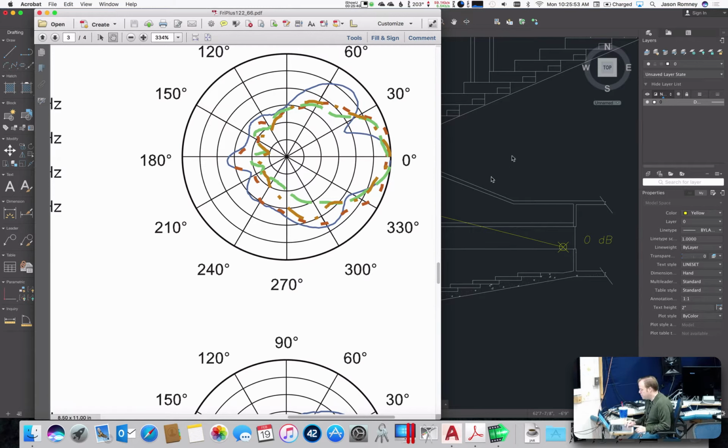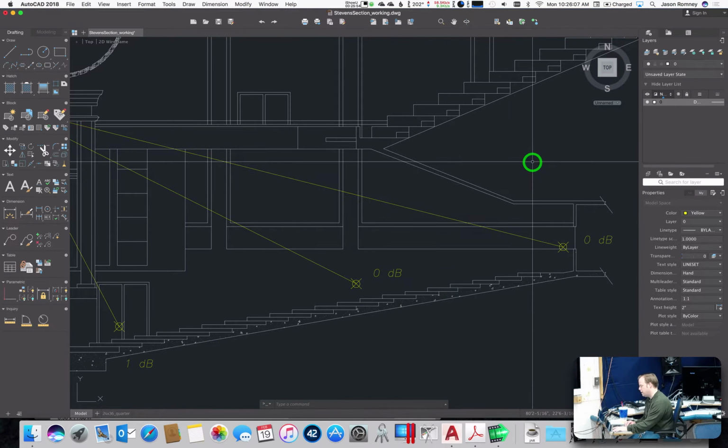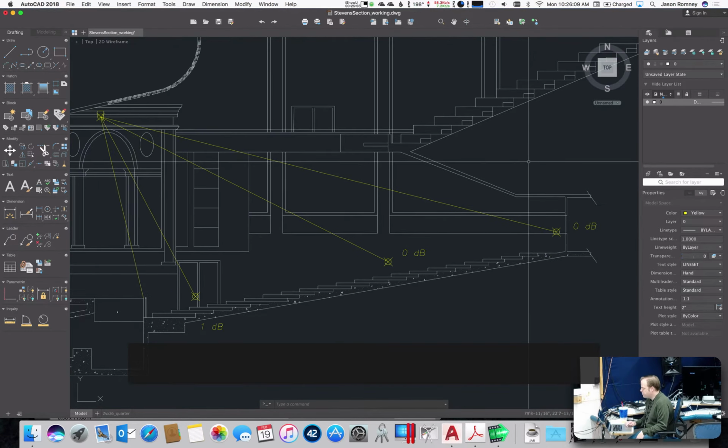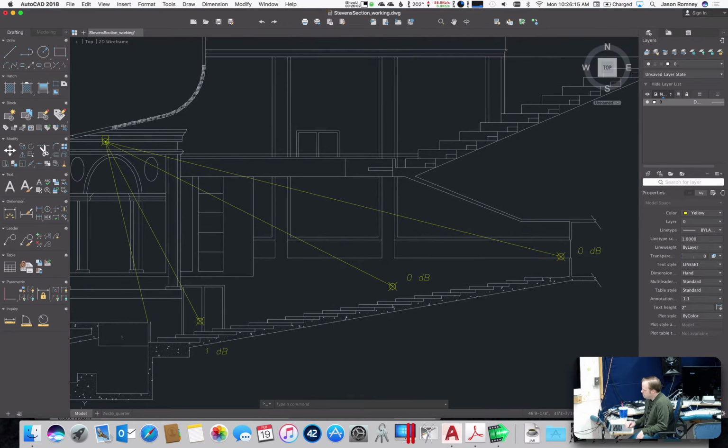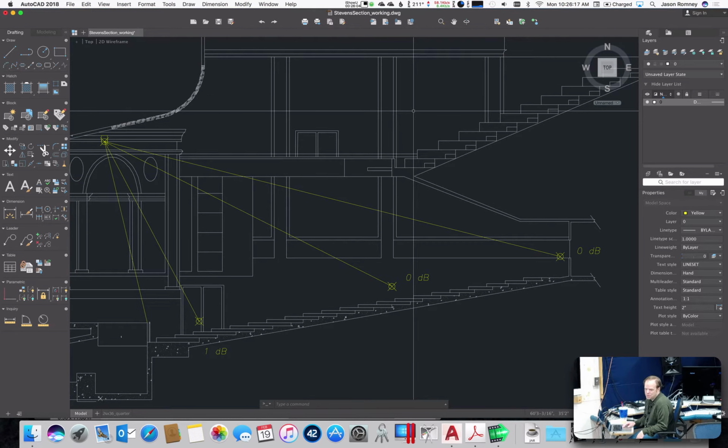But more importantly, when they say 60 degrees, what they mean is 30 degrees to either side. You can see there's your 6 dB down point there, 6 dB down point there. That's a 60 degree thing. So this is the other thing you have to think about when aiming at the back row: the speaker's also spraying just as much sound on the other side of that axis. In this case, I've got a balcony there, so I don't care.